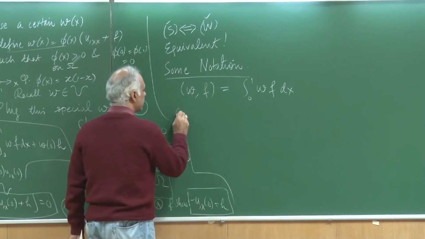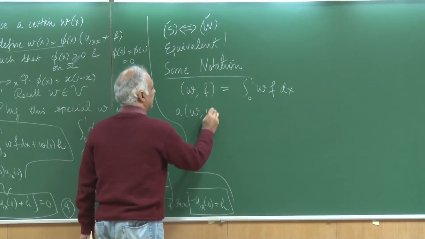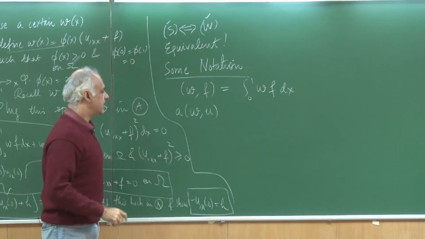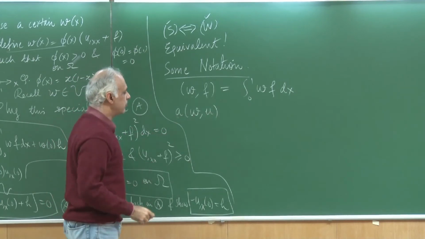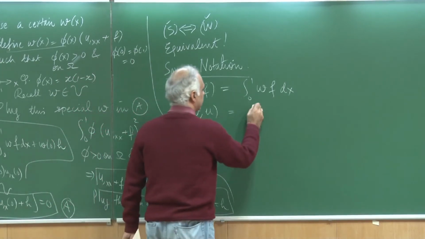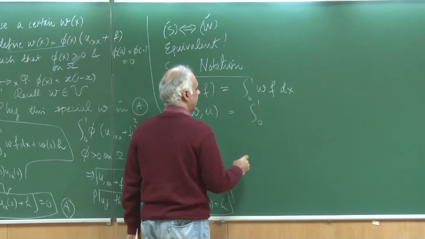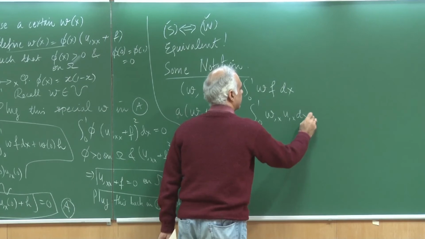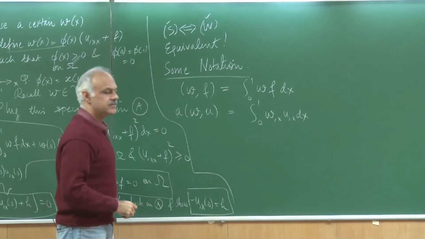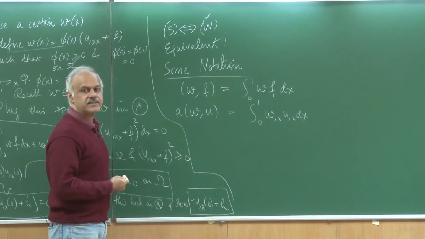We are going to introduce another notation, which is the operator A acting on these two functions W and u, and this notation is that it is the integral of the product of their derivatives. Okay? It is just a notation.